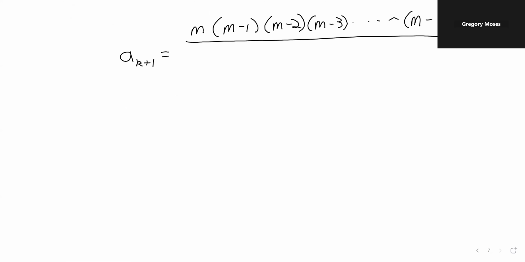And writing k plus 1 factorial is fine, because k is a positive integer. We can just use the factorial notation that we're used to.